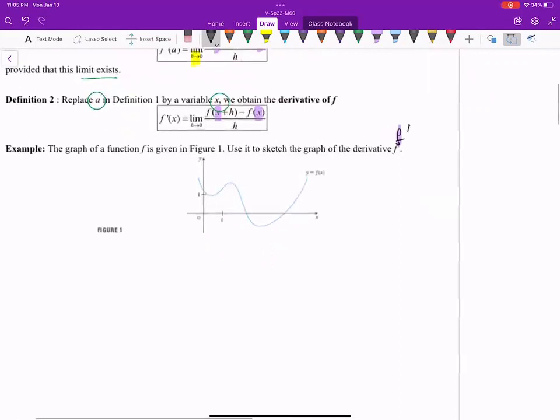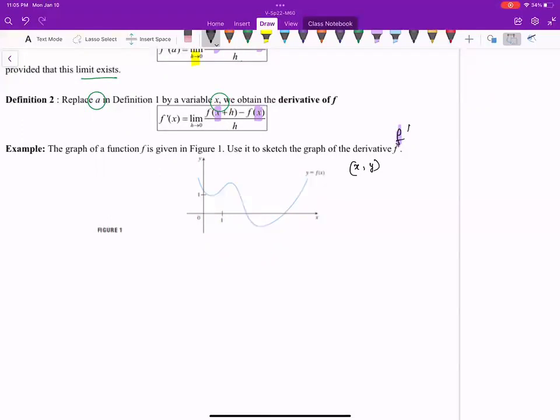Given a graph like that, you notice that it decreases, then increases, then falls again, then increases. All these points on the graph are x comma y, the x coordinate and the corresponding y coordinate.